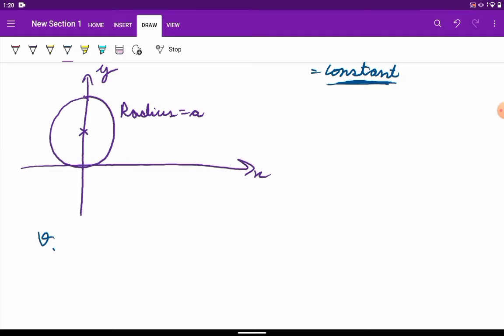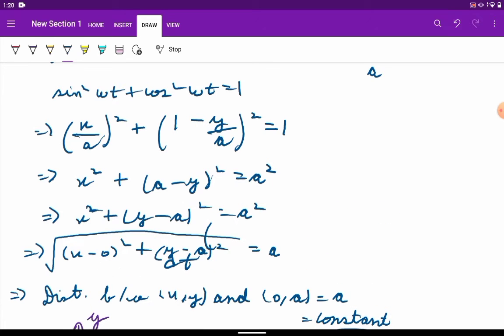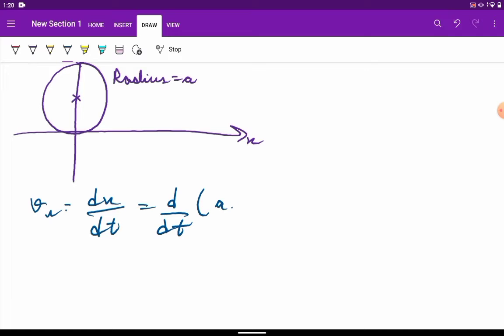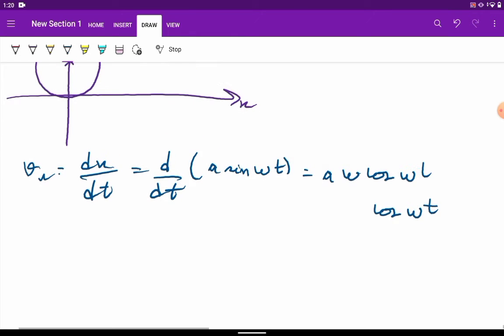So vx is equal to dx by dt, which means d by dt of a sine omega t. This becomes a omega cos omega t.